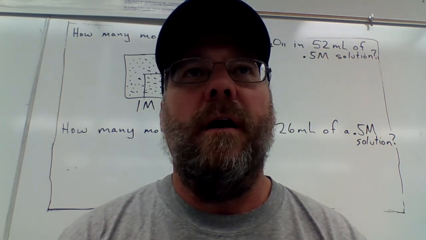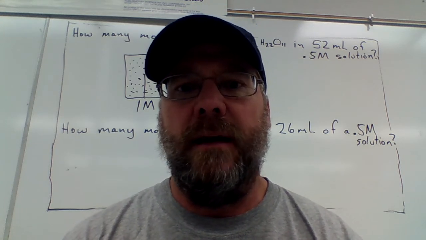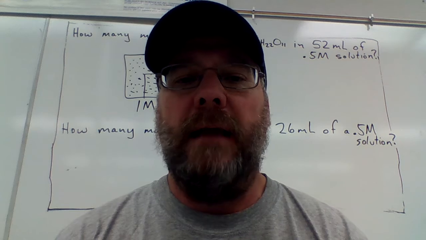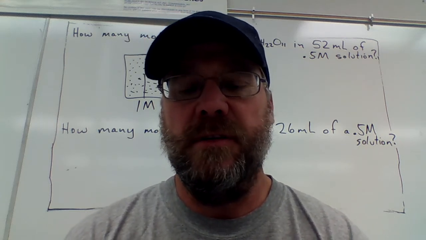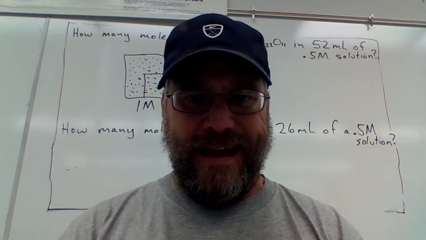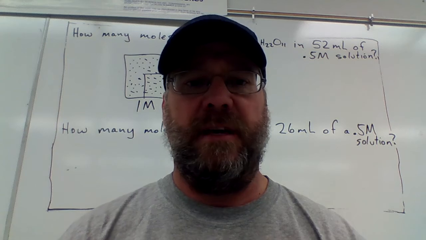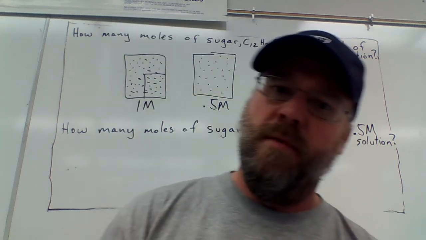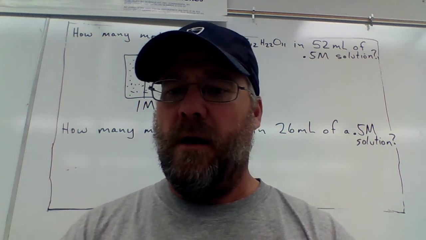What we've got going on in lesson 81 is you guys are trying to take a molecular view at what's going on with these different concentrations of solutions. So the idea here is, if I have a particular concentration, let's say 1 molar and a half molar, what happens?